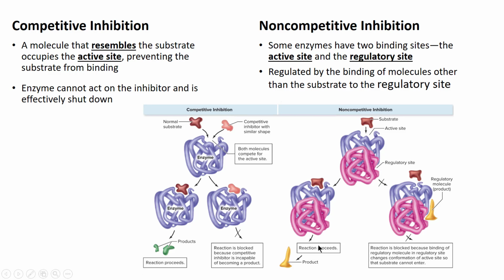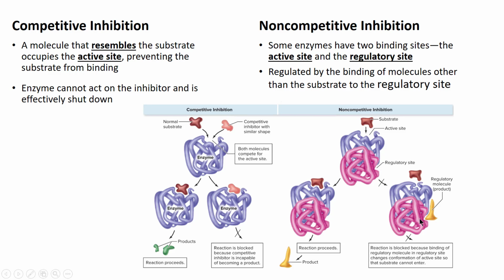Non-competitive inhibition is a little different. It's a scenario where instead of a competitor competing at the active site, the cell will produce a different molecule called a regulatory molecule. This is also referred to as an allosteric molecule. Ultimately, it changes the active site through binding at a different site called the regulatory or allosteric site.